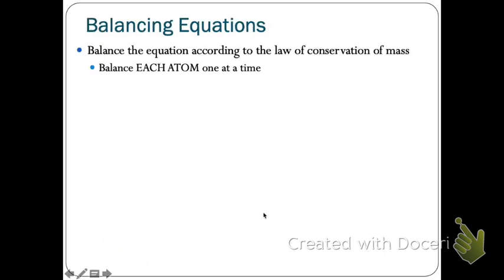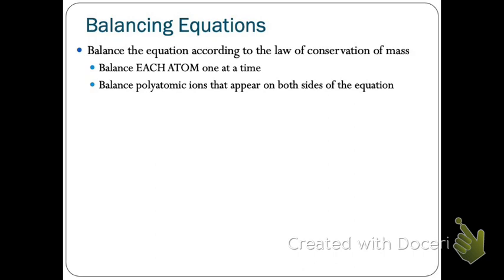All right, a couple notes before we actually get into the balancing. When we balance equations, we're going to balance each element one at a time. If you have a polyatomic ion that appears on both sides of the equation, you can keep those together. So let's remind ourselves, what are polyatomic ions? What is a polyatomic ion?